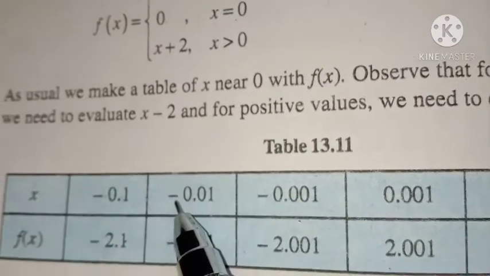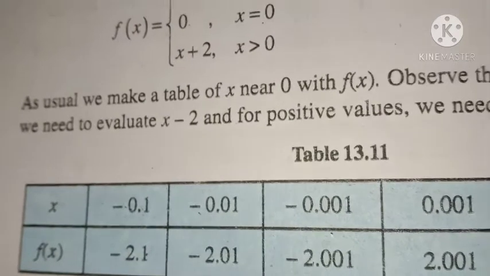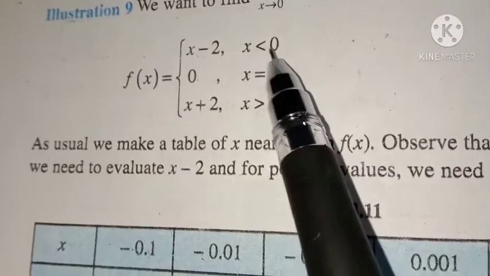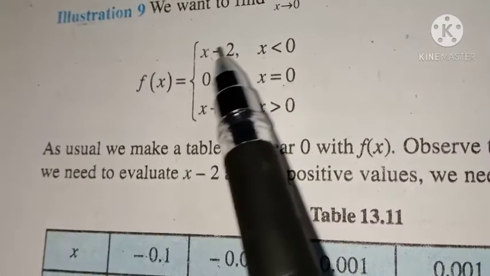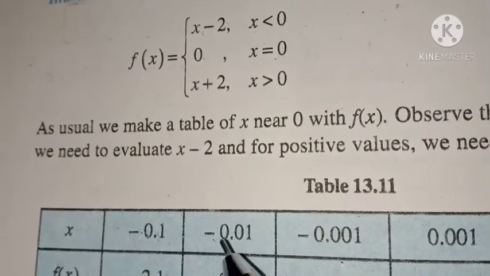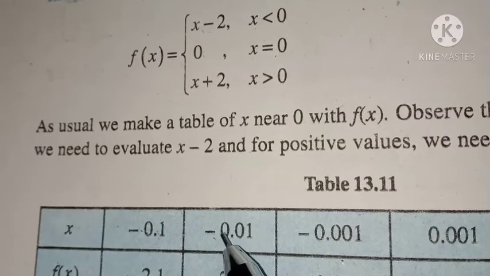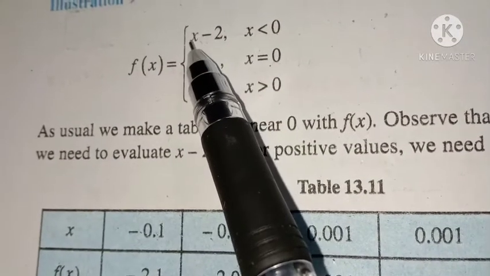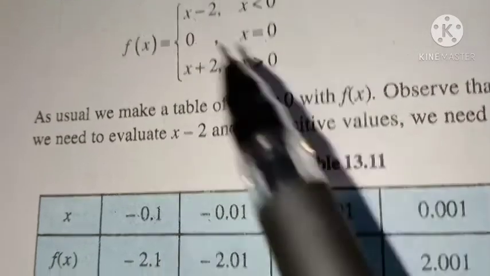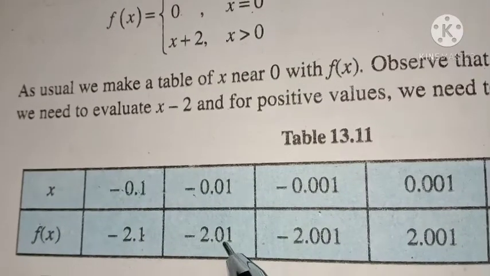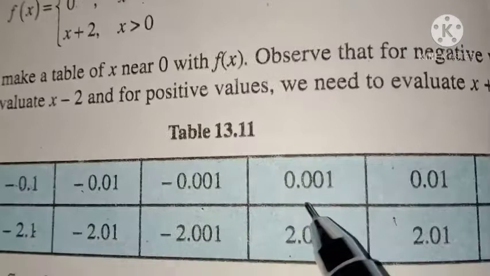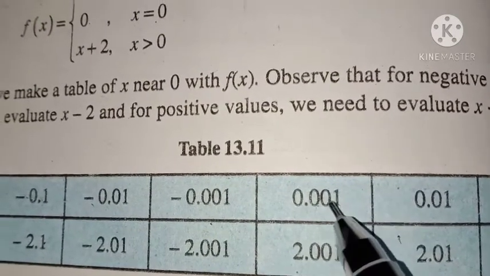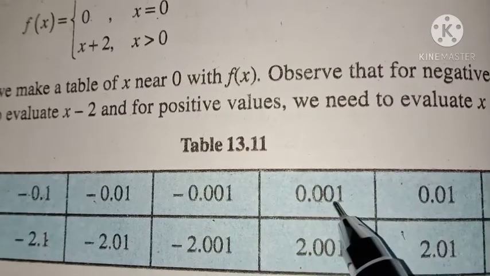Similarly, when x equal to negative 0.01, for negative values, function is defined as x minus 2. So put x equal to negative 0.01 here. So negative 0.01 minus 2 becomes minus 2.01. If we take x equal to 0.001, it is greater than 0, positive number.